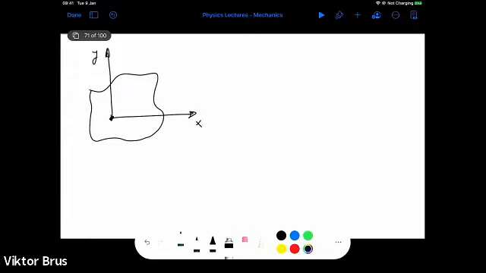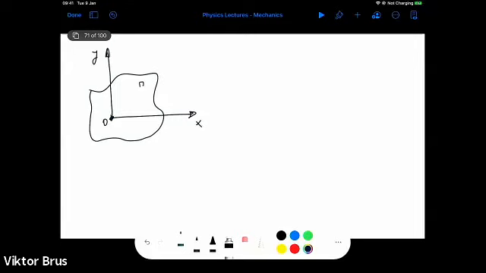This is our axis of rotation, which is at the origin of the system of coordinates, O. The axis of rotation is perpendicular to the plane of our figure.